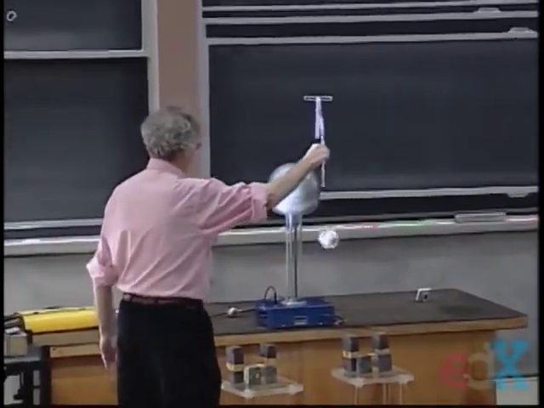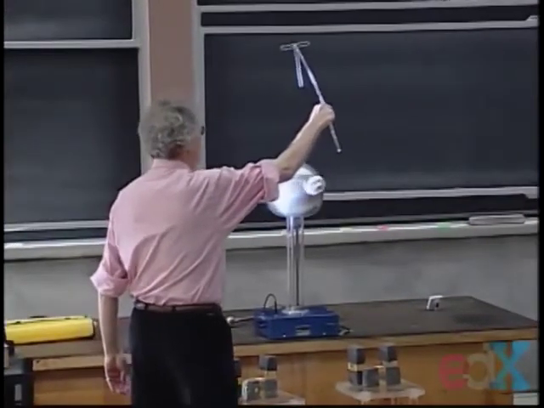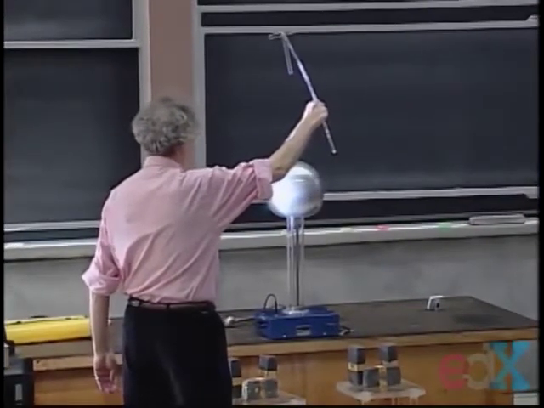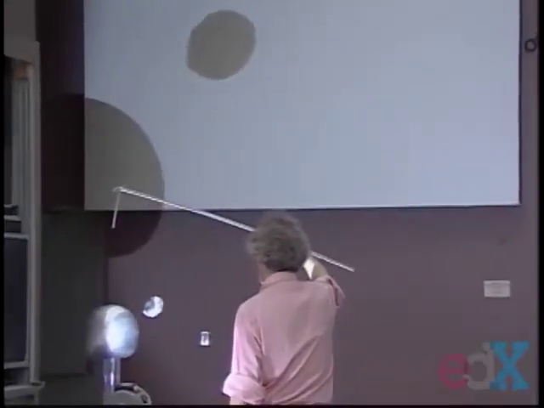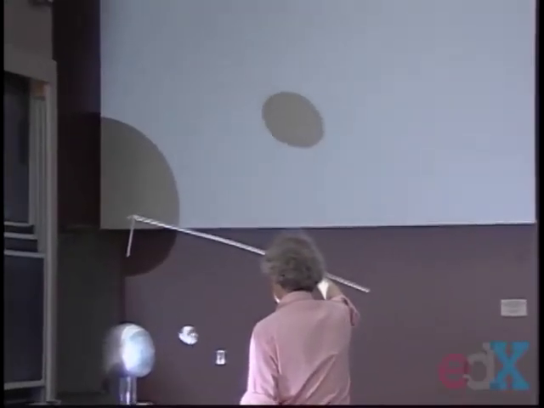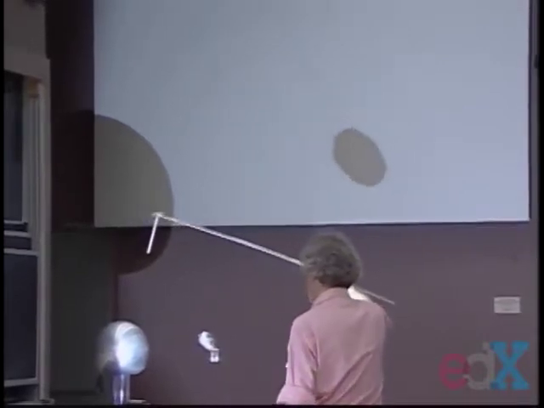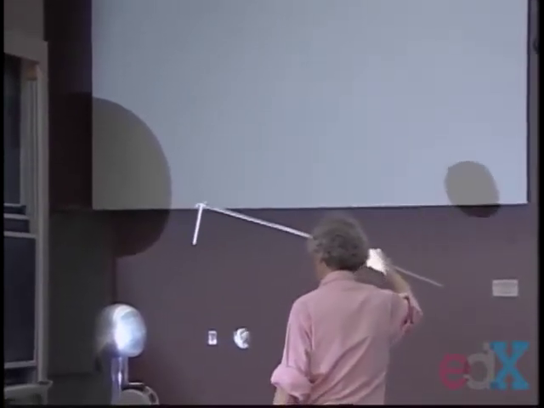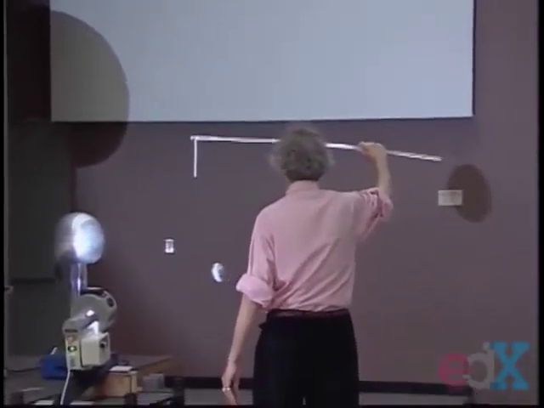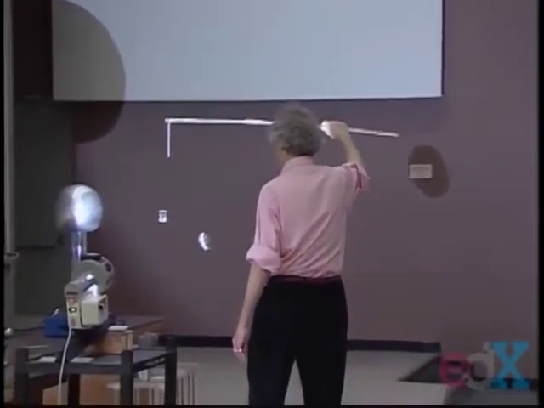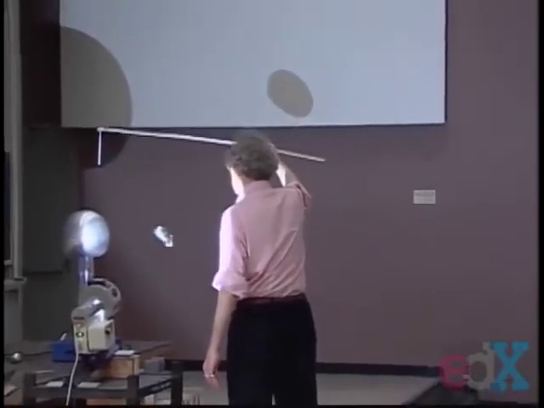The balloon is now maybe 30 centimeters away from the center, maybe 40. The angle is almost 45 degrees. And now I double the distance, I go to about 90 centimeters, and look at that angle theta. The angle theta is now down to maybe 10 degrees. I will go back where I was.